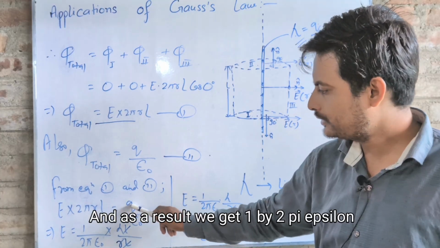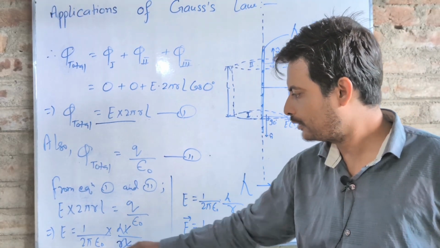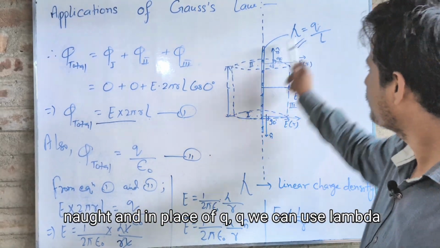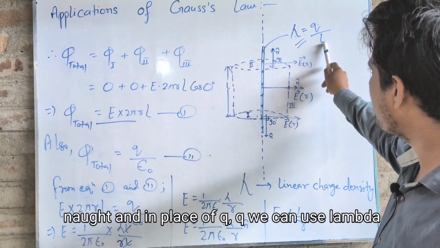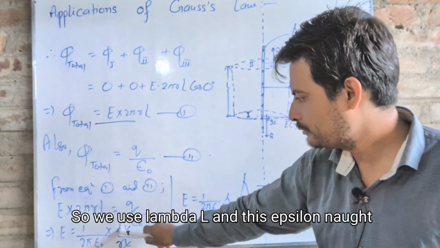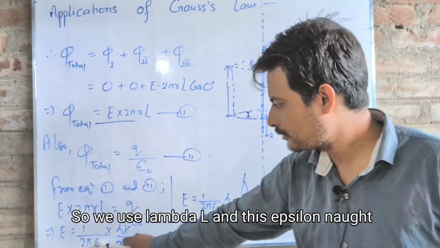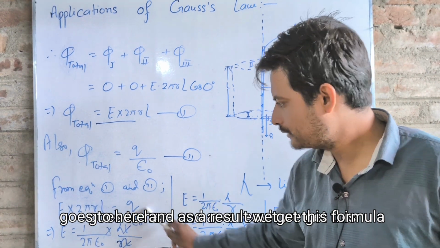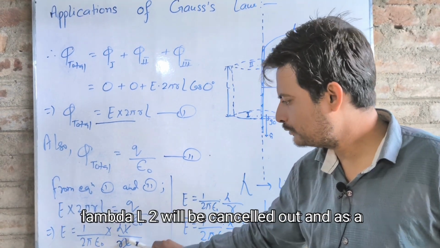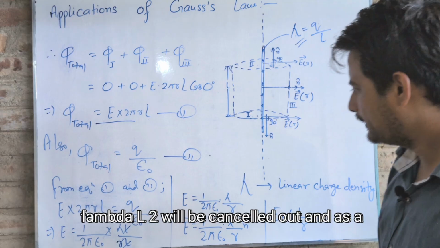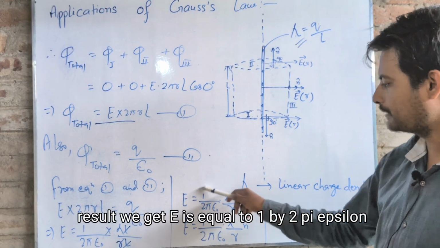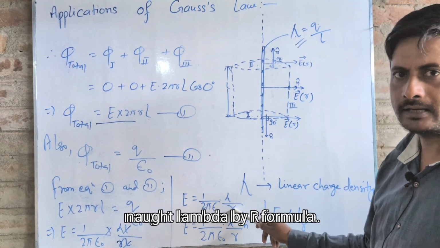Okay, and as a result we get 1 by 2 pi epsilon naught, and in place of Q we can use lambda L. Okay, so we use lambda L, and this epsilon naught goes here, and as a result L and L will be cancelled out, and we get E is equal to 1 by 2 pi epsilon naught lambda by r formula.